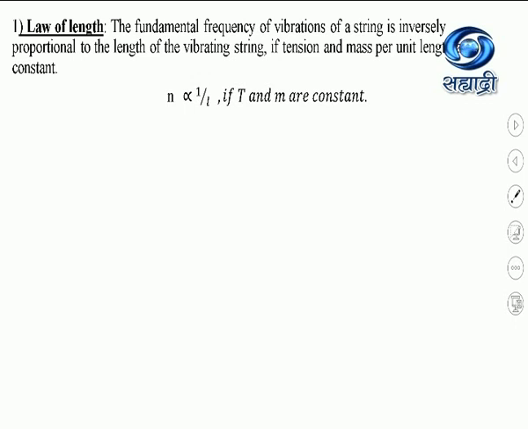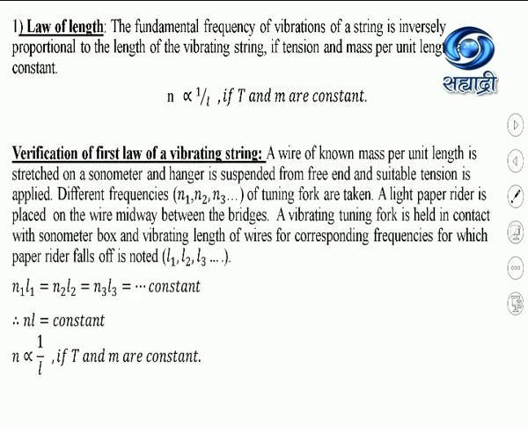So in this case, this vibrating length can be noted as L1 for frequency N1. Thus a set of tuning forks having different frequencies N1, N2, N3 are used, and corresponding vibrating lengths L1, L2, L3 and so on are noted.